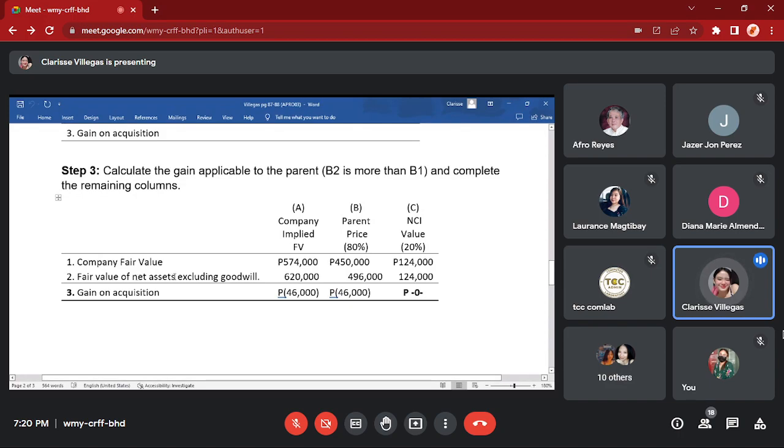Two, fair value of net assets excluding goodwill: 620 for company implied fair value, parent price 80% 496, NCI value 20% 124,000. Gain on acquisition: 574,000 less 620,000 is 46,000. 450,000 less 496,000 is 46,000 negative. 124,000 less 124,000 is 0.